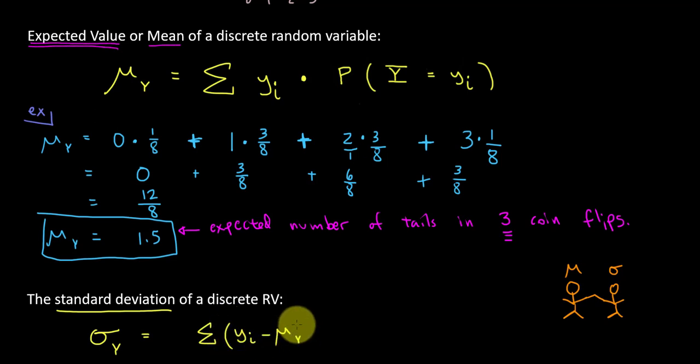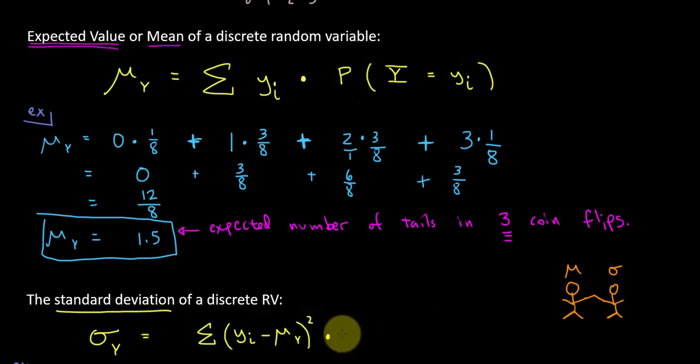We square those deviations. That's the sum of squares. And just like earlier, we know that those values occur with different probability, so we need to multiply by the probability of observing those observations.